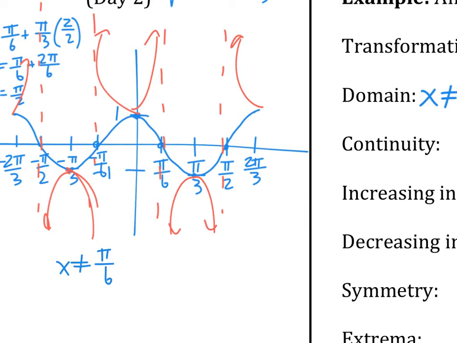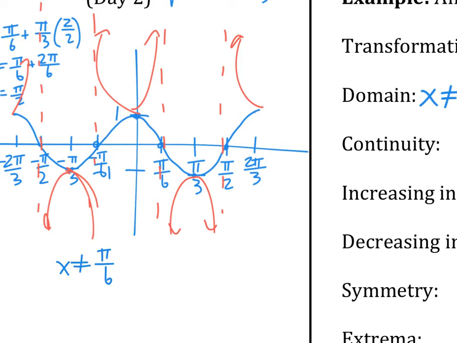Yes, the two ends and then in the middle. So basically, I cut my period into 2. My whole length is 2 pi over 3. I cut it into half to create my asymptotes. So every half of a period, the asymptote happens. So my asymptote will keep happening every pi over 3, which is half of my period.